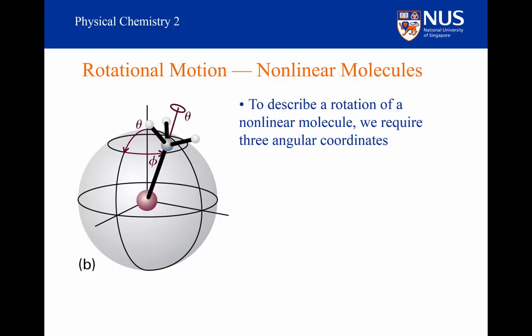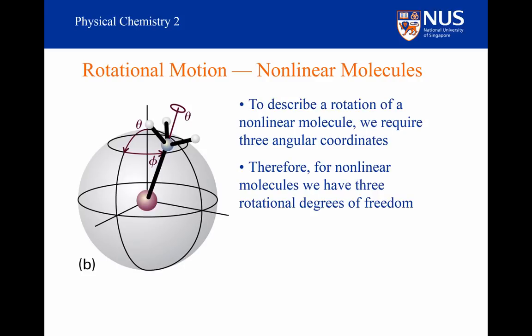In a nonlinear molecule, we require three angular coordinates to describe rotation. We have the azimuth and colatitudes as before, but we also need another angle to describe the molecule's internal rotation. Therefore, for nonlinear molecules, we have three rotational degrees of freedom.